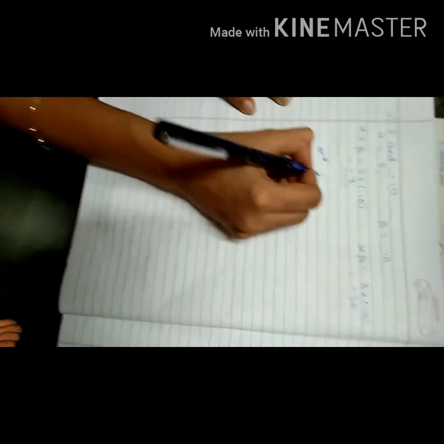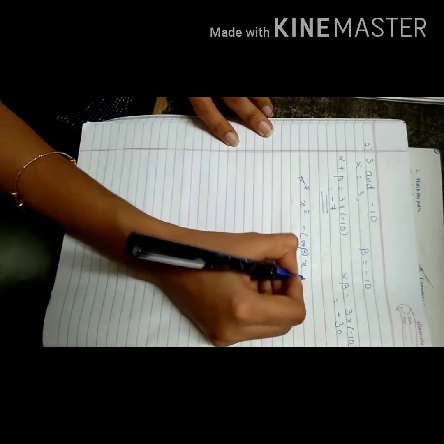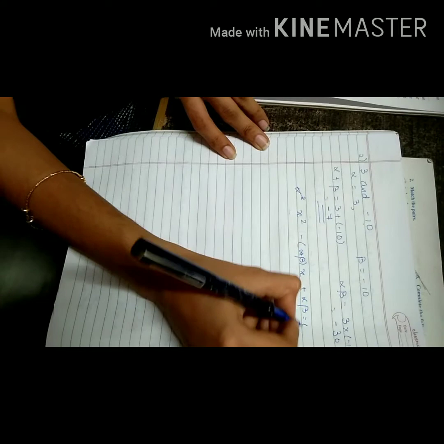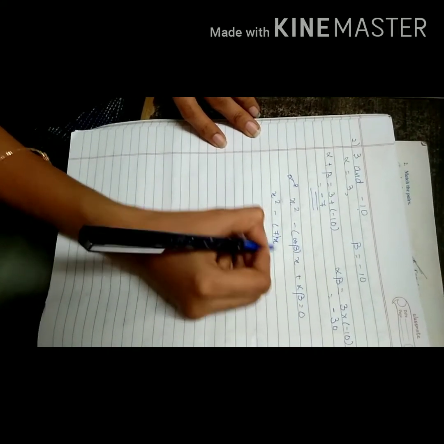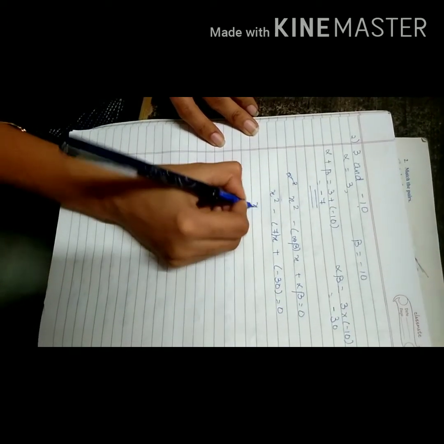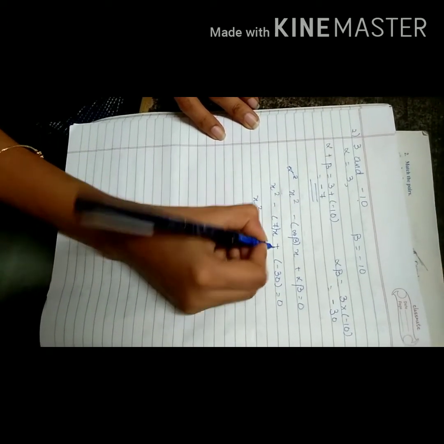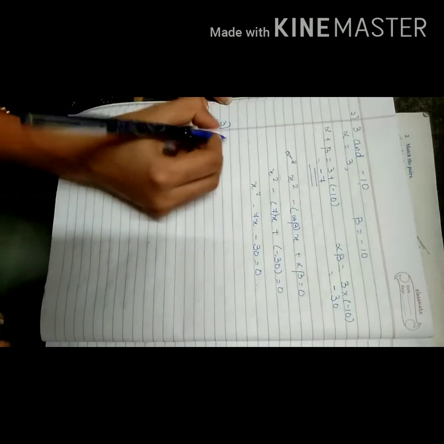Again equation is x square minus alpha plus beta the whole x plus alpha into beta, x square minus 7x plus into minus is minus 30. This is your quadratic equation.